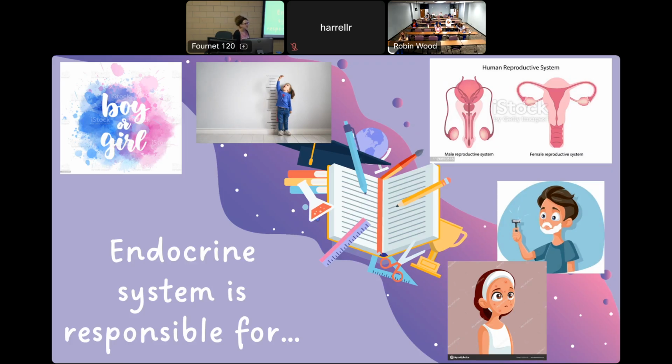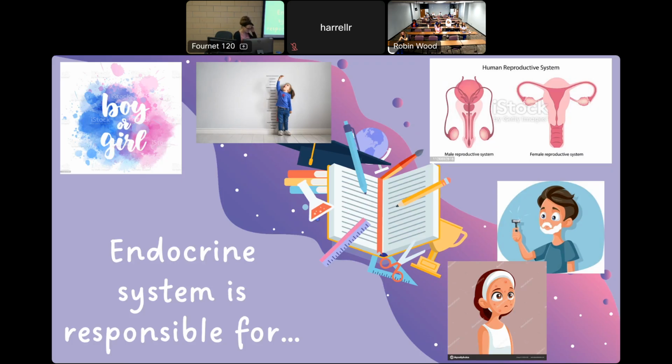And so we can see external sex organs are abnormal because of that. I'll touch on one thing called ambiguous genitalia. This is one of the things we can see with hormone abnormalities, where the external genitalia of the patient are not very clear as to whether they're a boy or a girl.